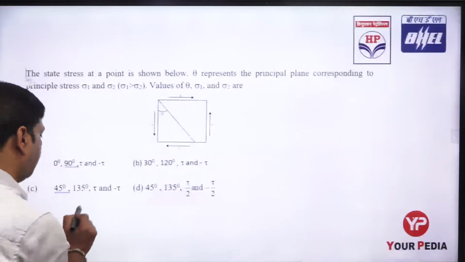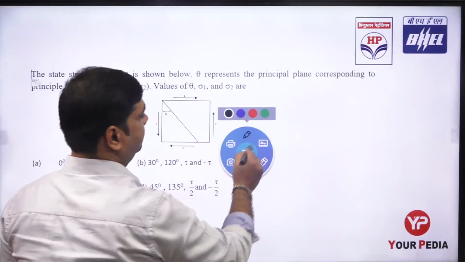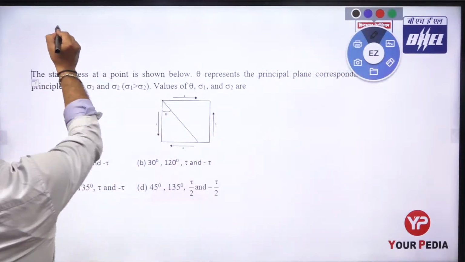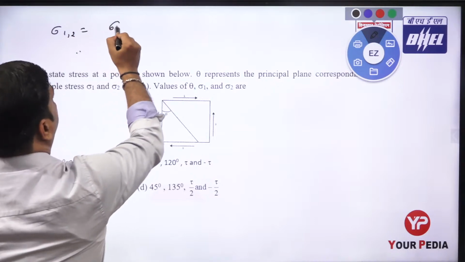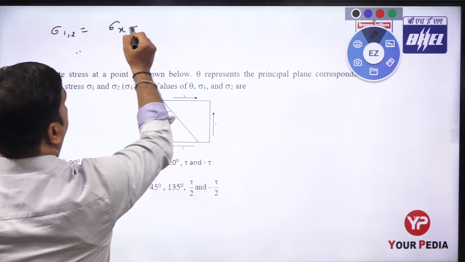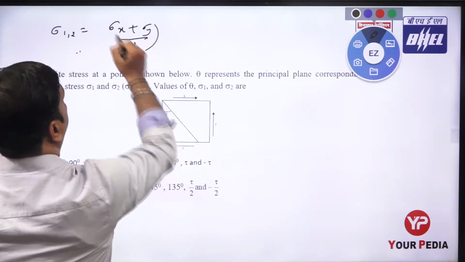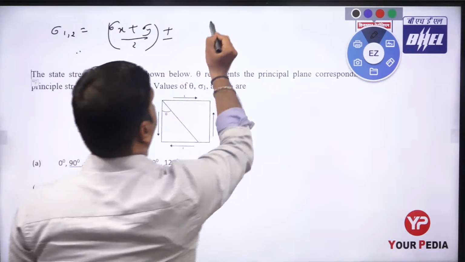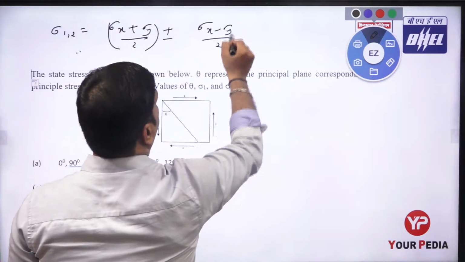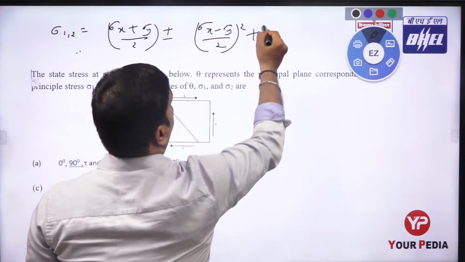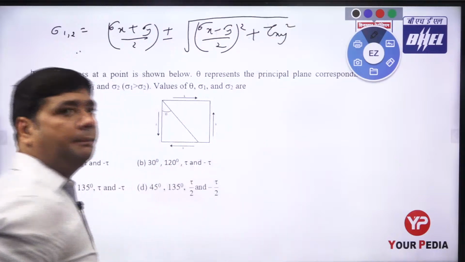If I write the formula, sigma 1,2 equals (sigma x plus sigma y) divided by 2, plus or minus the square root of ((sigma x minus sigma y) divided by 2) squared plus tau xy squared. I did the same in the previous question.